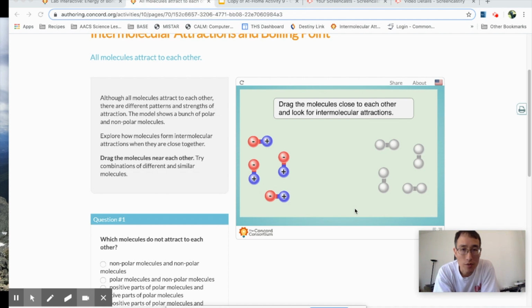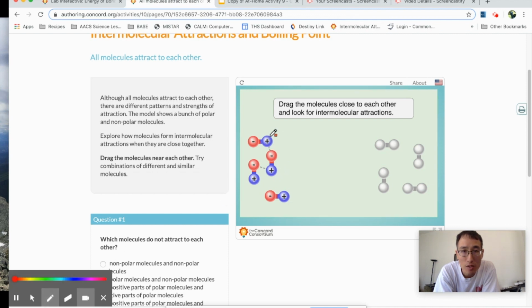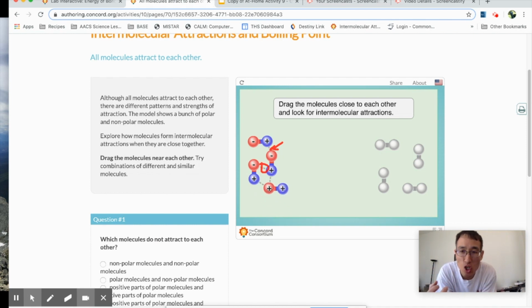This is kind of a really difficult concept to get, but in the last simulation we had, when you have the dashed line, so this is an attraction, okay? If I have molecules right here, those are attractions, and when I start moving things close together, these charges, these plus and minus charges, they start pulling together.